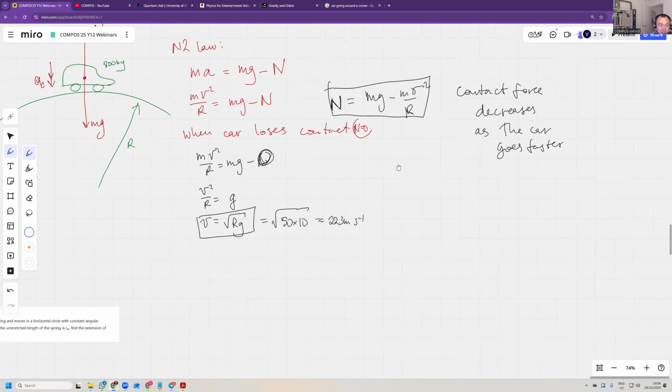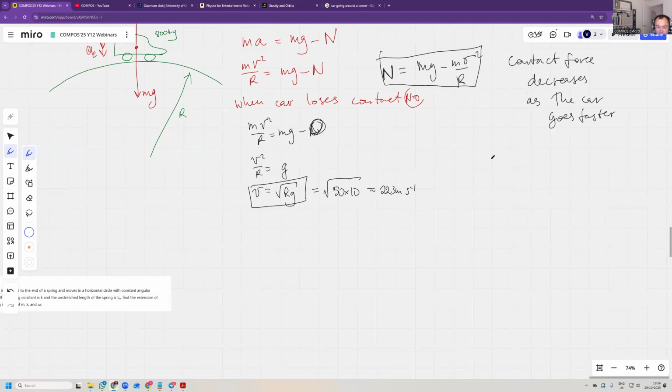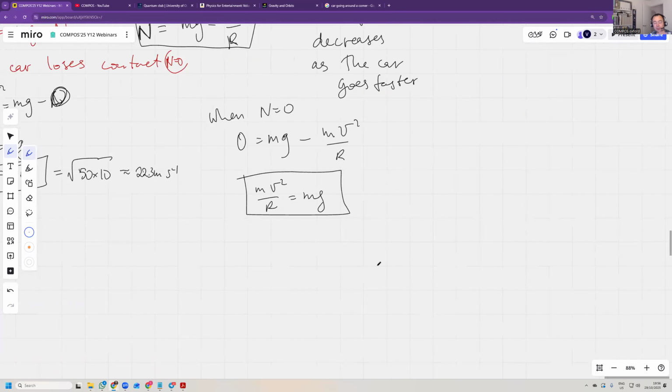So when N becomes 0, you have this expression: 0 equals mg minus mv squared over r. And then you have mv squared over r equal to mg. If you look at this equation, there's one thing which looks quite interesting.